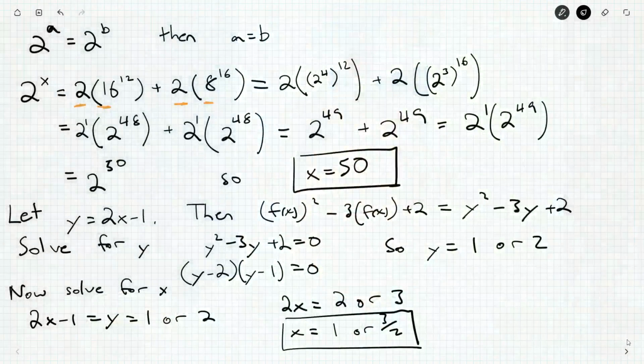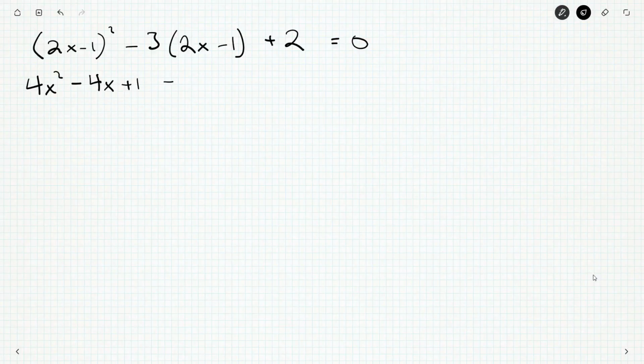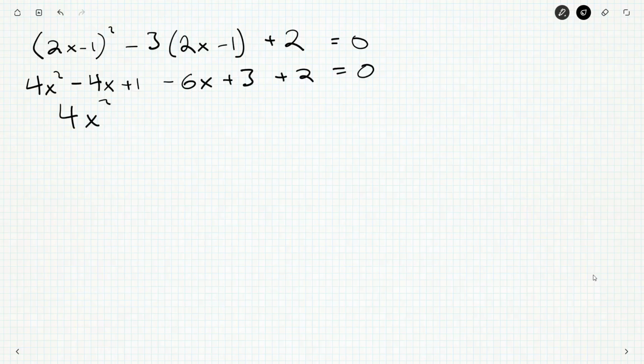So we'll get a scrap piece of paper, and we'll do 2x minus 1, because that's f of x, squared, minus 3 times 2x minus 1, plus 2. We say that's equal to 0, so we'll have 4x squared minus 4x plus 1 minus 6x plus 3, all plus 2 is equal to 0, so we'll have 4x squared minus 10x plus 1 plus 2 plus 3 is 6.